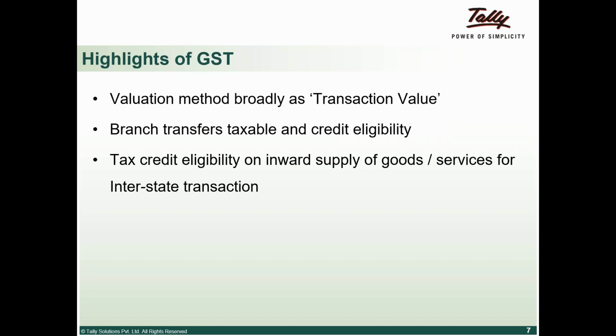Again, this adds to the cost of my goods. Under GST, for all interstate inward supply of goods, the input tax credit is going to be available for the trader to use as credit. This is another major change, a major highlight of GST compliance.